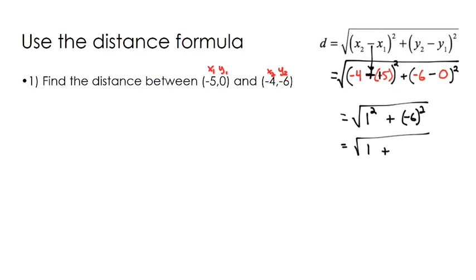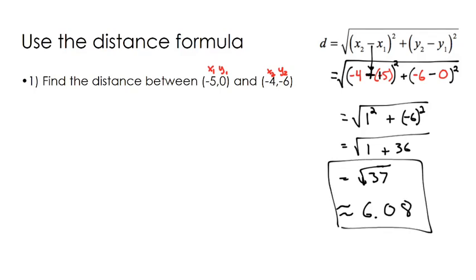Negative 6 times negative 6 is positive 36. So this becomes the root of 37. I believe 37 is prime, so that radical is not going to simplify. But if we wanted the decimal approximation in our calculator, that would be roughly, not exactly, 6.08 units away. That's how far this point is from this point on the coordinate plane.